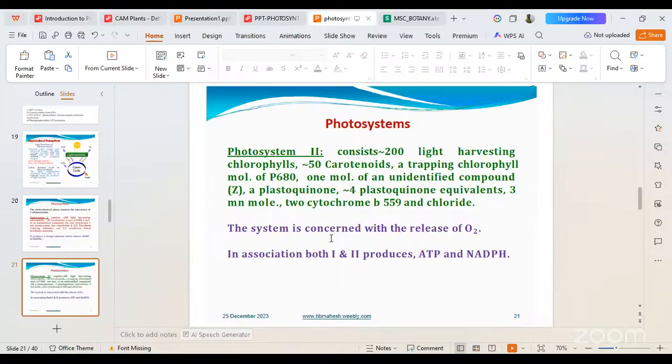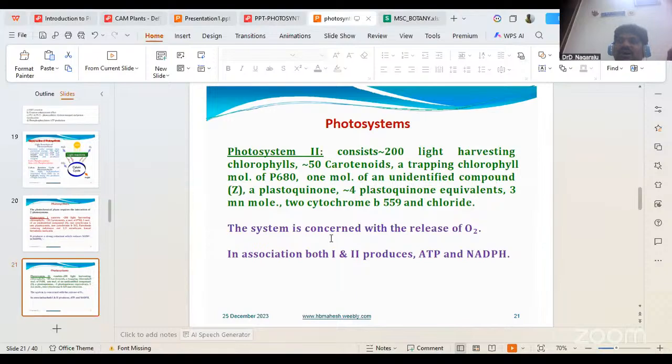That is assimilation energy, what we call assimilation energy: harvesting the light and producing ATP and NADPH. That is produced by the light harvesting complex.